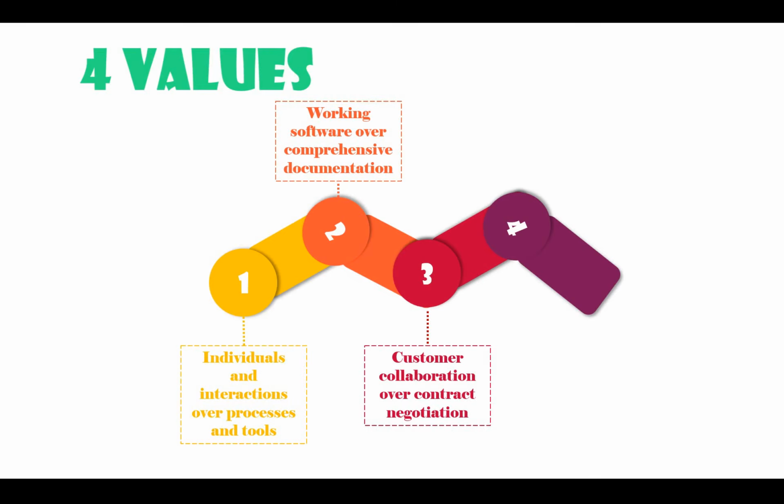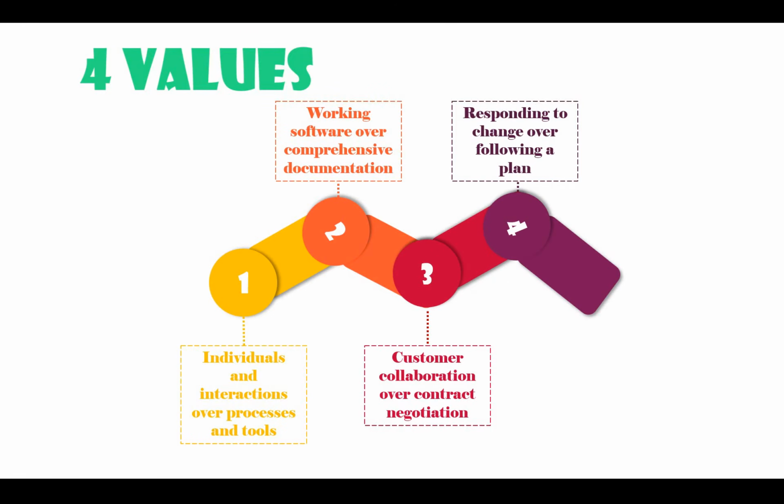So it's not just a contract between the product team and the development team, which does not give any actual output. It's more of a conflict or just an agreement, but that is not what Agile is looking for. It needs more collaboration with the customer rather than just contract negotiation.